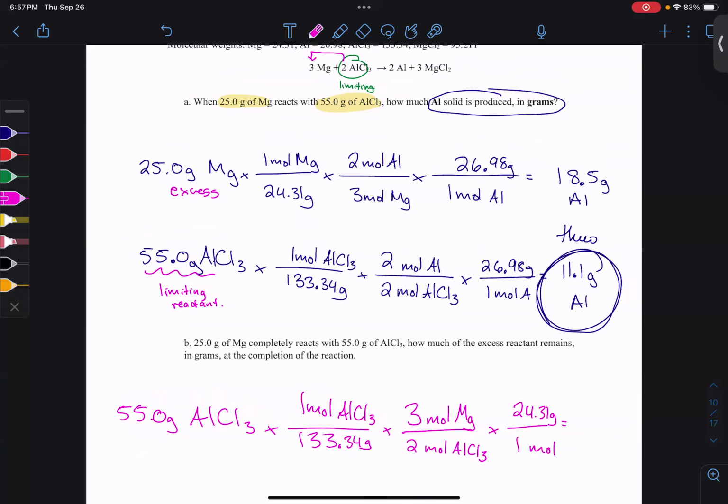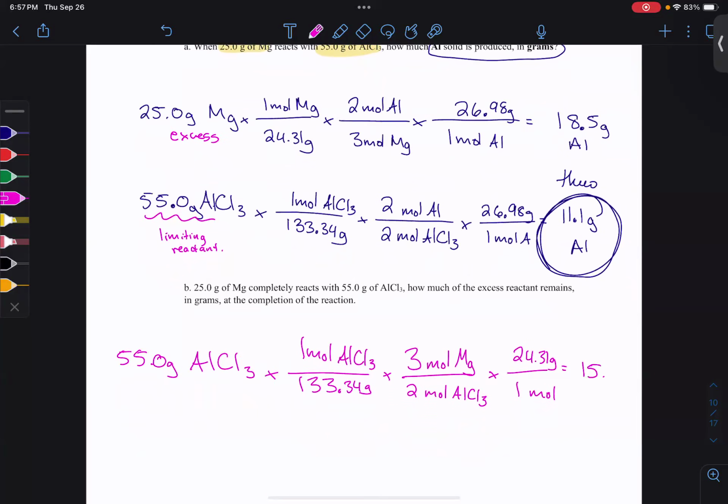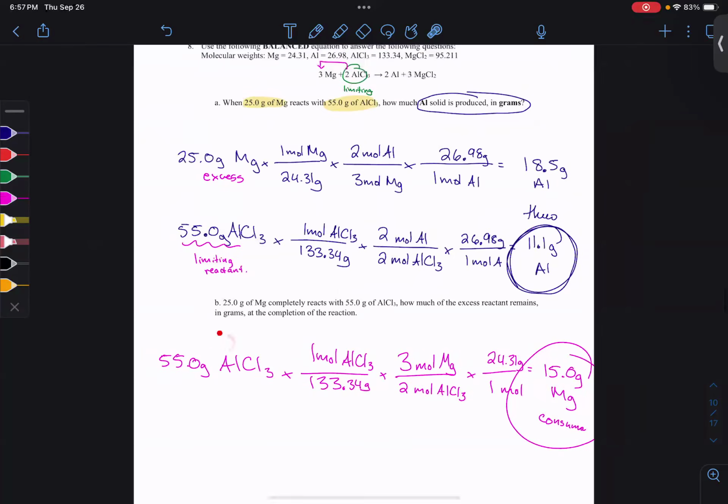This number that I calculate is going to tell me how much magnesium I consume, okay? So basically what we're saying, okay, if all of that aluminum reacts in this reaction, because it's the limiting reactant, how much magnesium will also react? So 15 grams. Is that my answer?